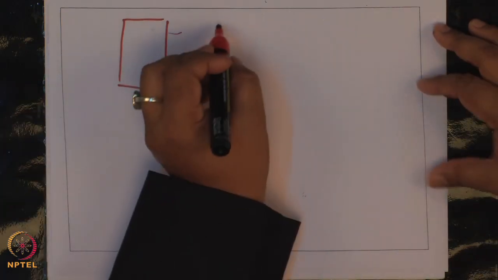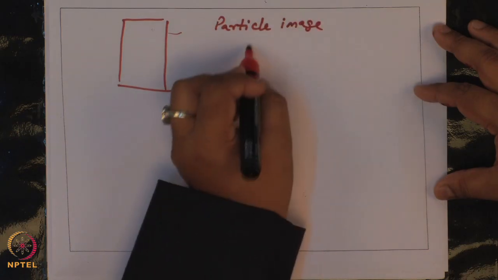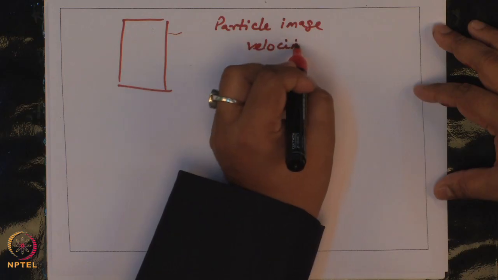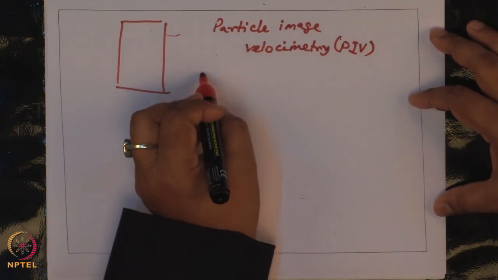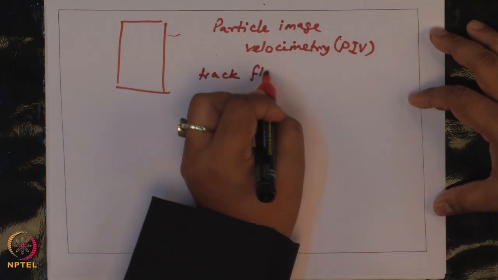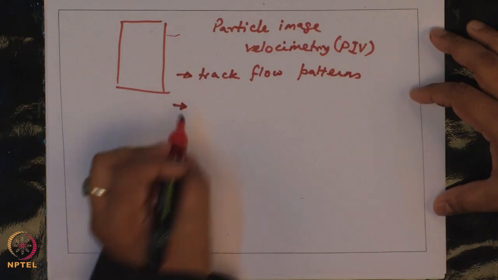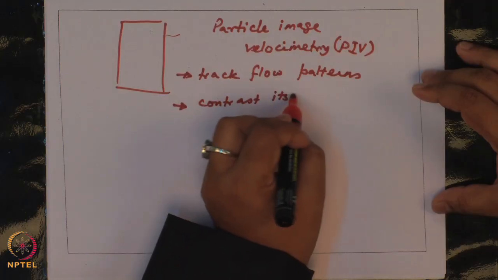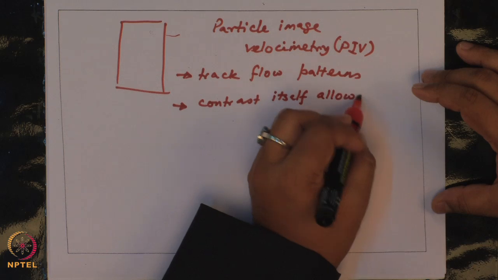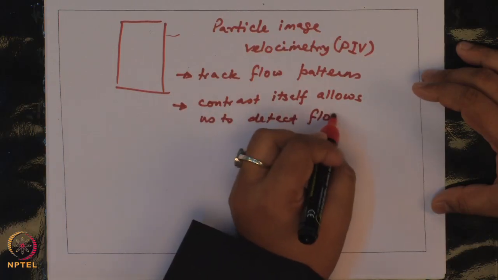And so they used a technique called particle image velocimetry, or PIV, that allows us to track flow patterns. Okay. And for an epithelial layer, because there is inherent contrast, the contrast itself allows us to detect flow patterns.